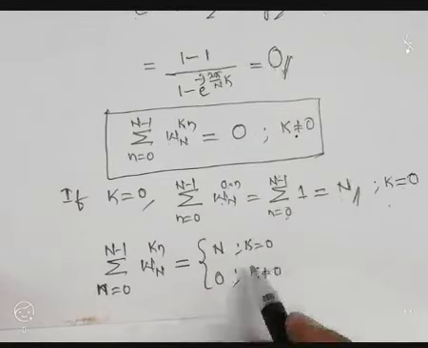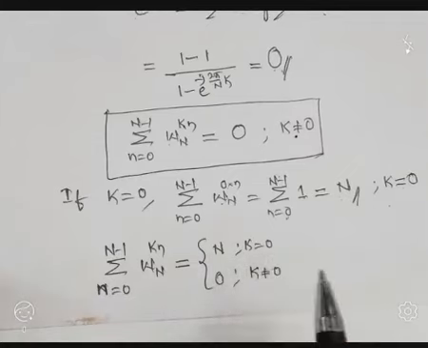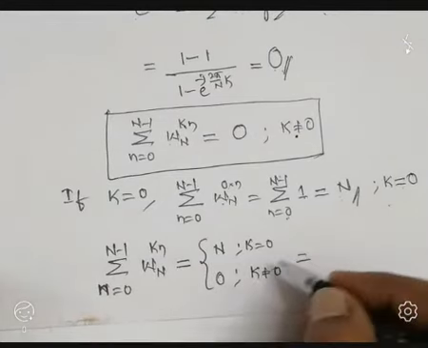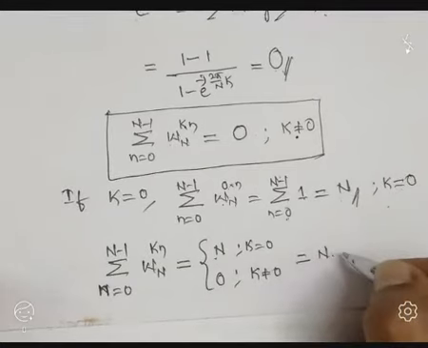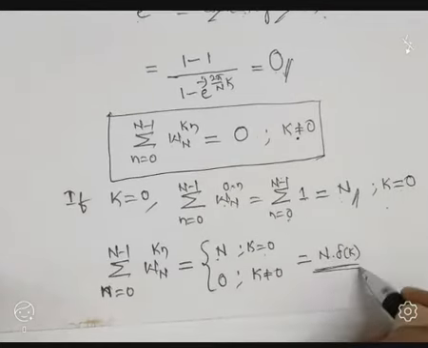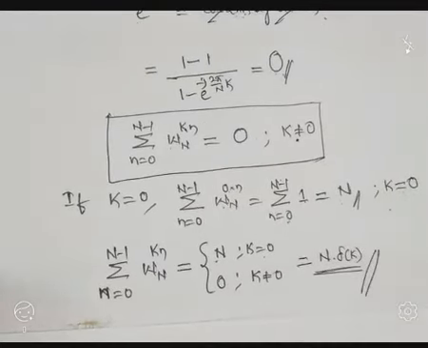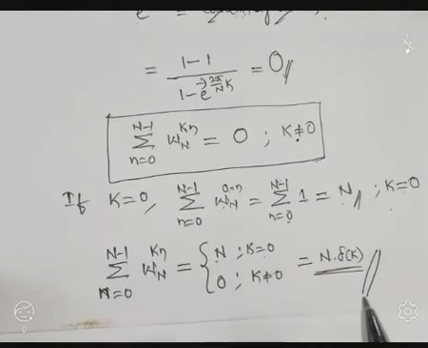So let us make use of the definition of impulse function. Delta of k is equal to 1 where k equal to 0. Delta of n is equal to 1 where n equal to 0. By using the definition of impulse function, N is present only at k equal to 0, so we can write it like this. Hence proved.